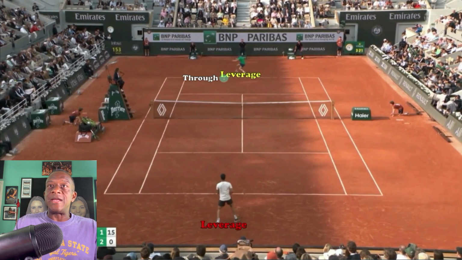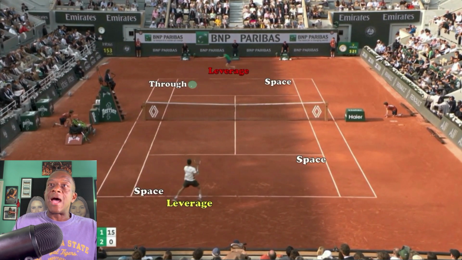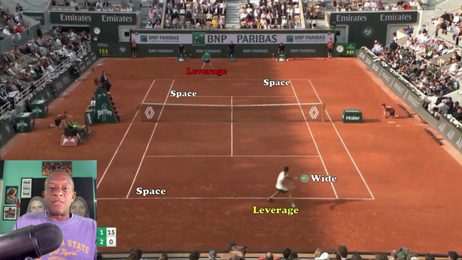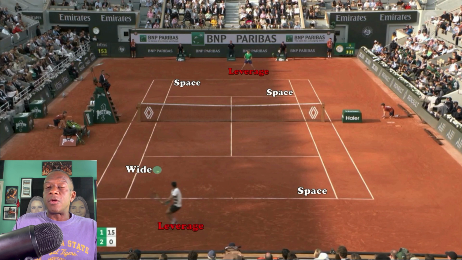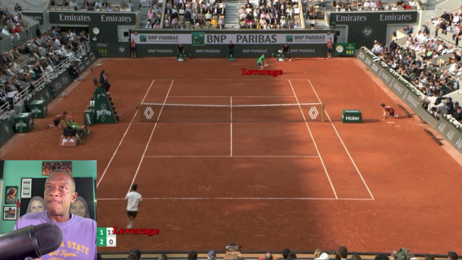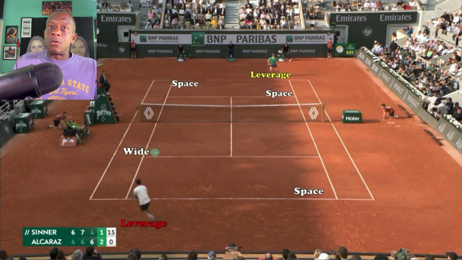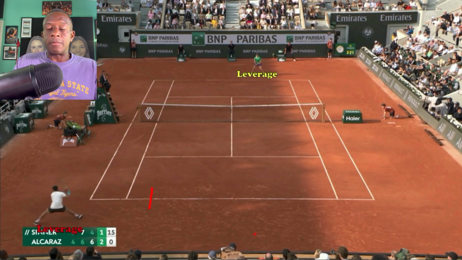And as you're playing, it's just a combination of this. How much leverage do the 2 players have? How are the through balls and the wide balls affecting the rally? That's super important. And then as that's going on, the other thing you're paying attention to is how much recovery opens everything up.